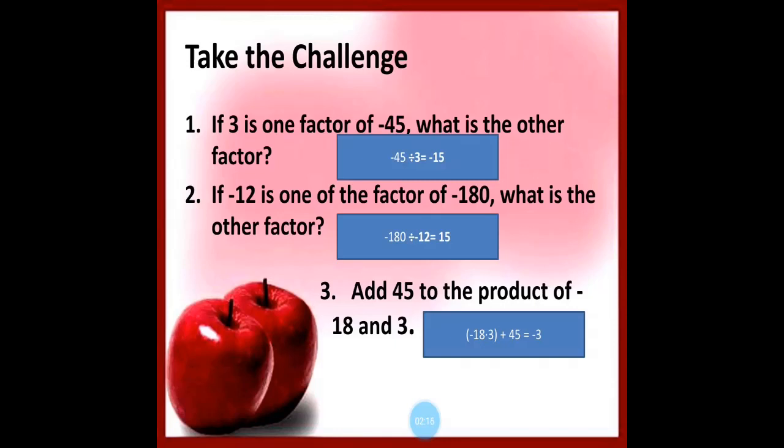Negative 54 plus 45 is equal to negative 9. Is that clear? Understood? Okay, so those are the things that we need to consider in multiplying and dividing integers.